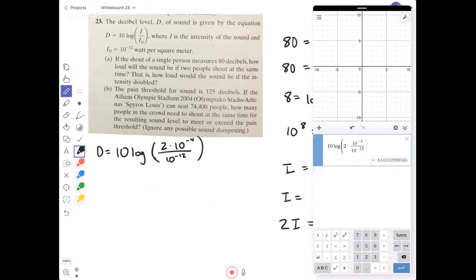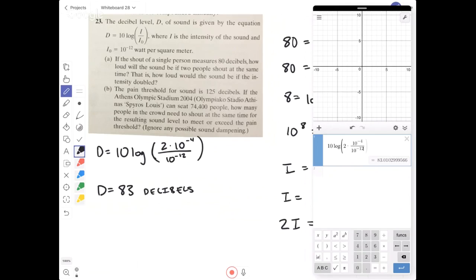So if 2 people shout, it's 83 decibels. So 2 people shouting doesn't sound that much louder than 1 person shouting, only 83 decibels compared to 80 decibels.